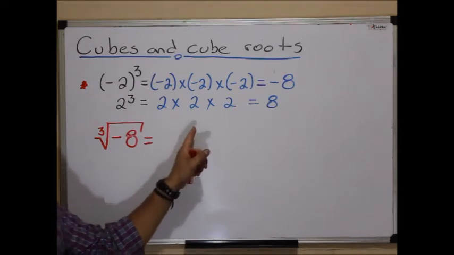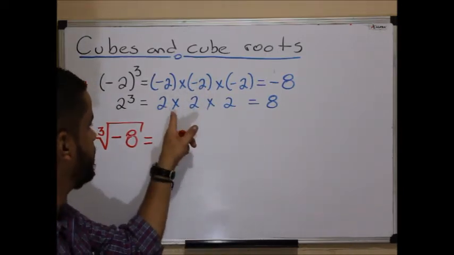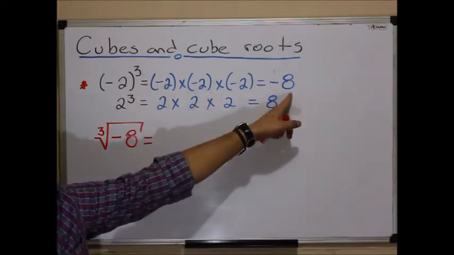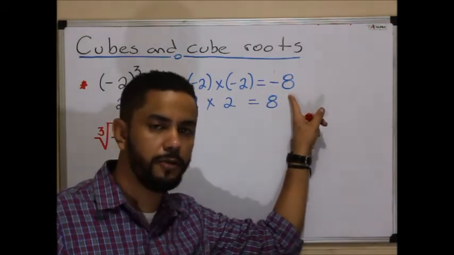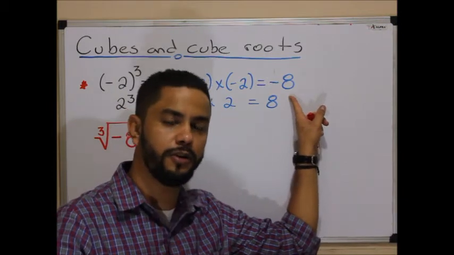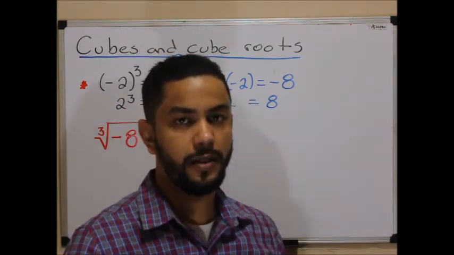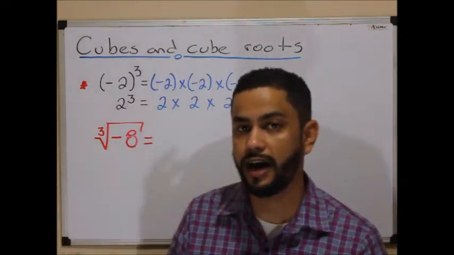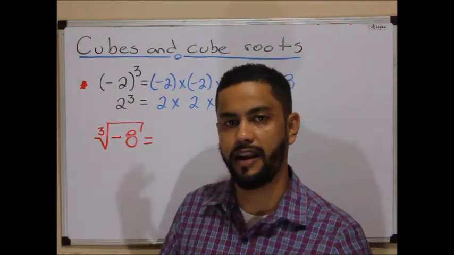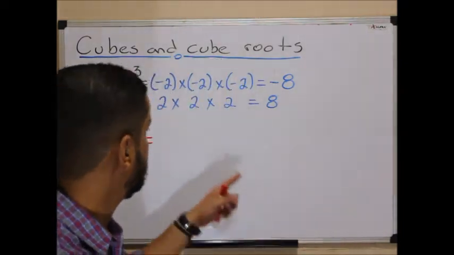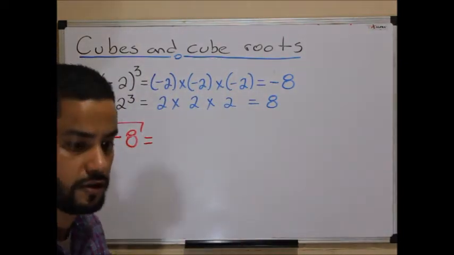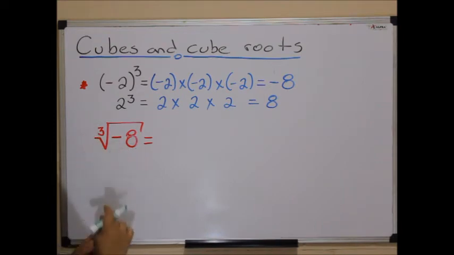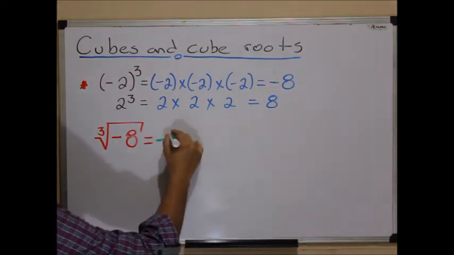Which of them has at the end a total of negative 8? The first one. And which repeating number do we have there to get negative 8? We're using negative 2. So that means that the cubic root of negative 8 will be negative 2.